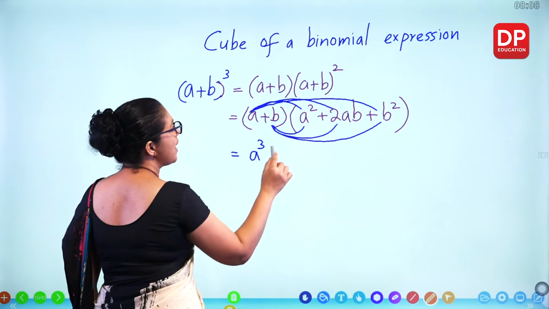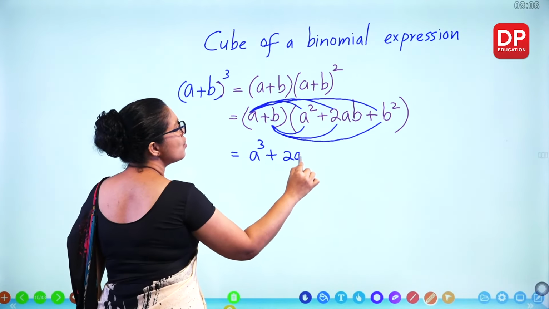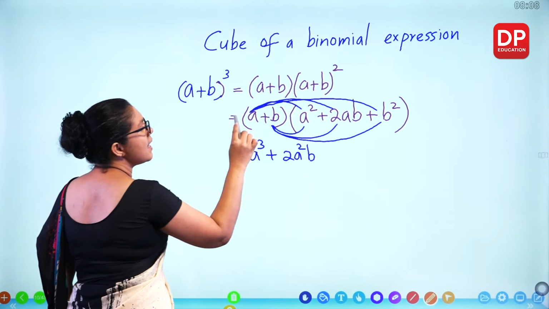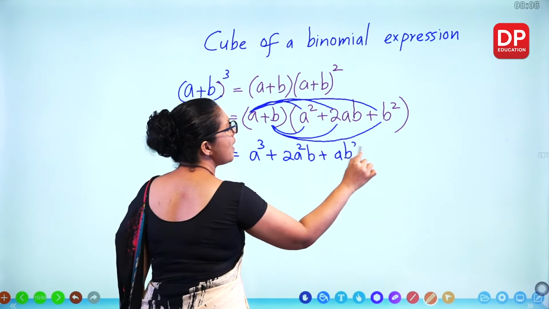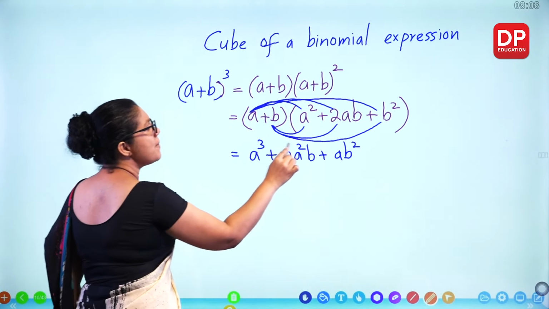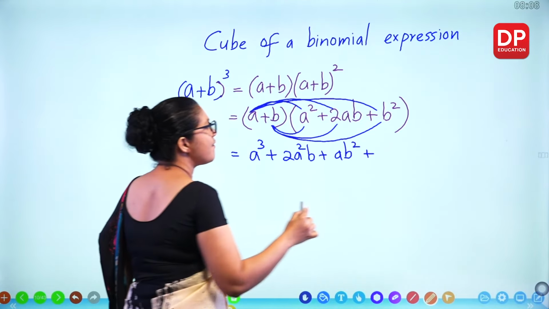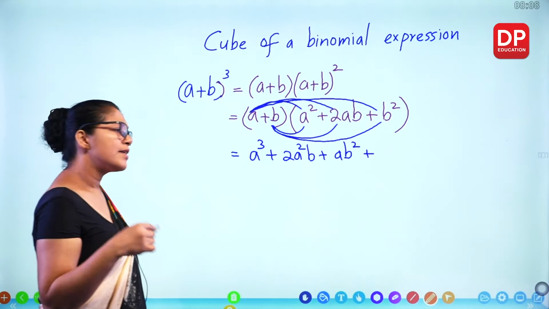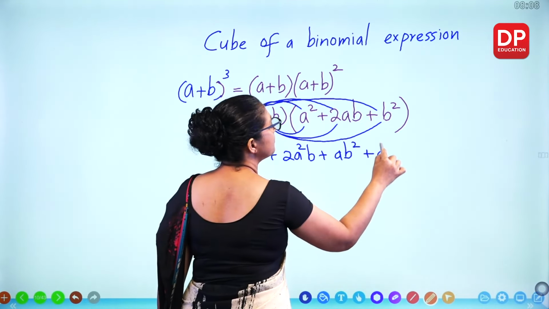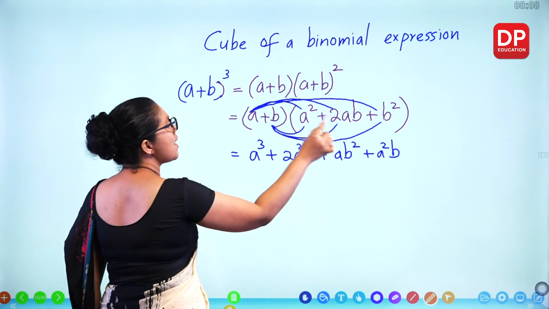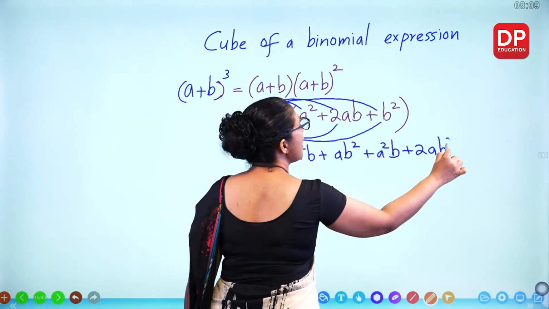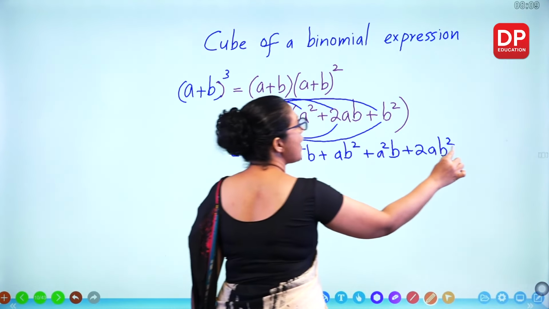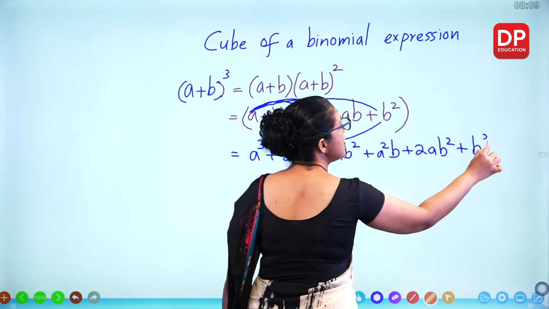A times 2ab, you get 2a squared b. A times b squared, ab squared. What about this one? B times a squared, I can write ba squared or a squared b. B times 2ab, I get 2ab squared. B times b squared, I get b cubed.